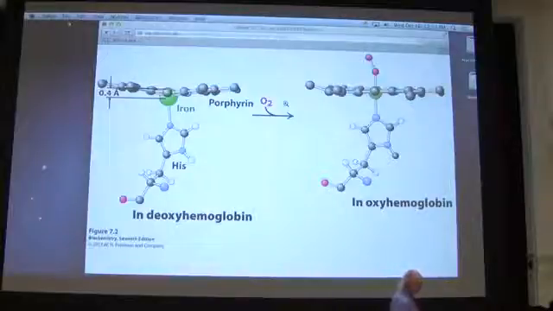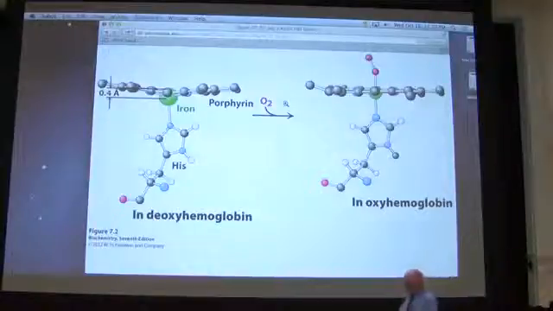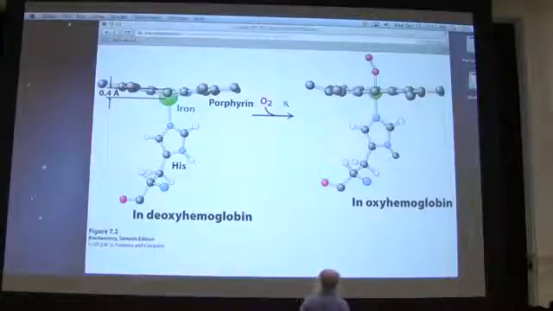Now, if you look at the figure on the left, what you see is that heme group in the absence of oxygen. It has iron, obviously. When oxygen comes in and binds, we see the figure that's on the right. And you say, well, so what?